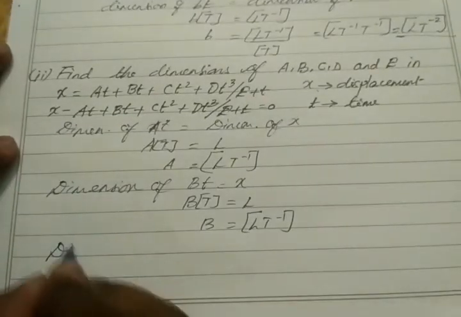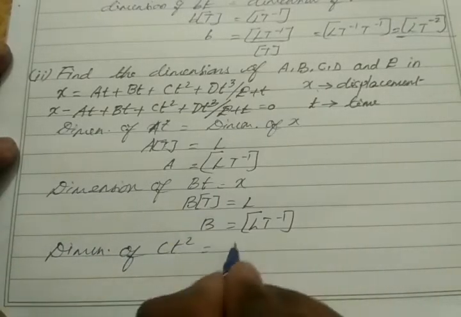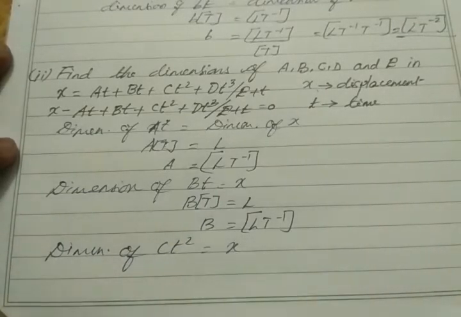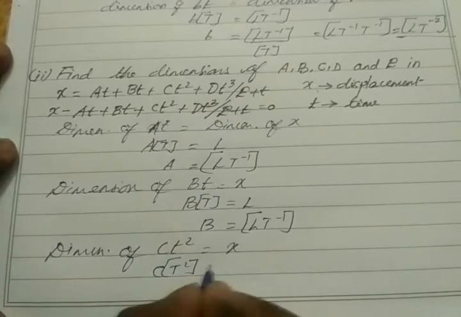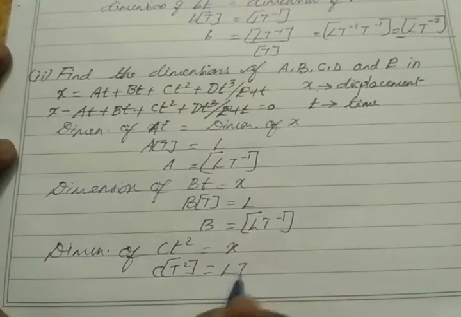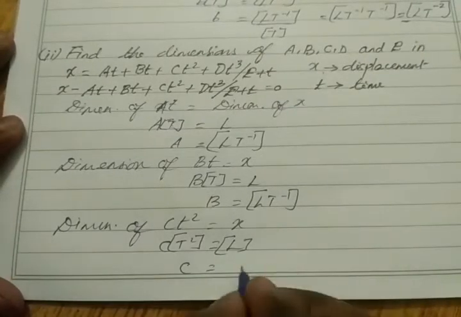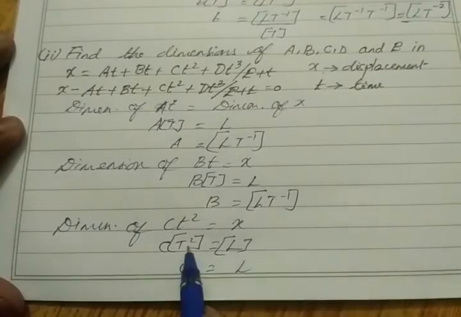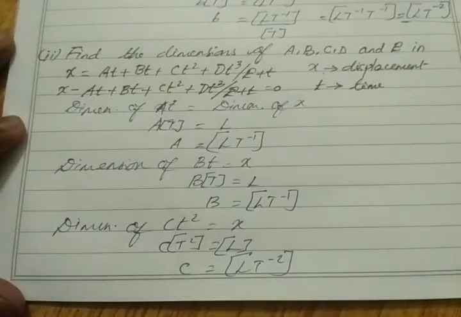So the dimension of CT square will be equal to x. So C T power 2 equal to L, correct? Then C equal to L. This T power 2 goes to the right hand side of the equation, and it becomes T power minus 2. So this is the dimension of C.